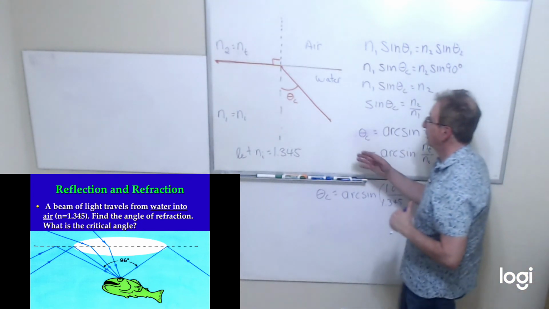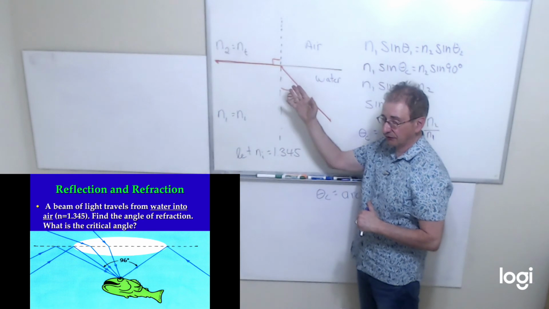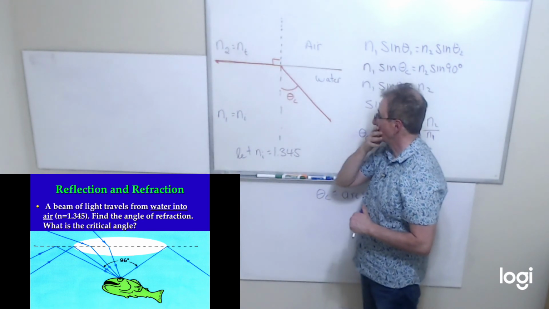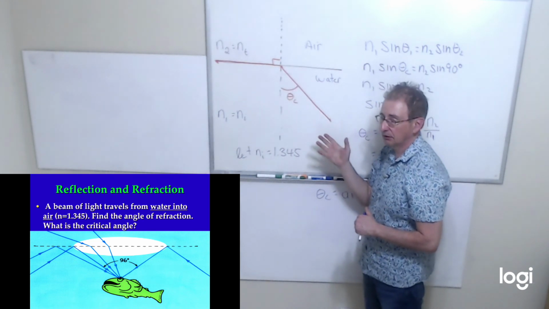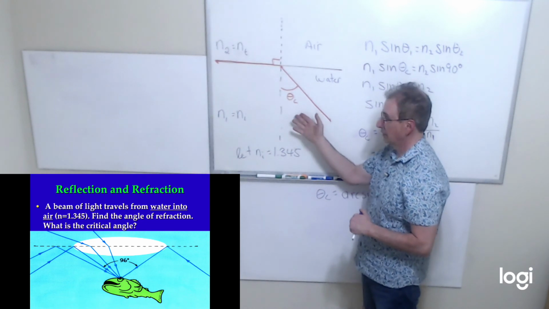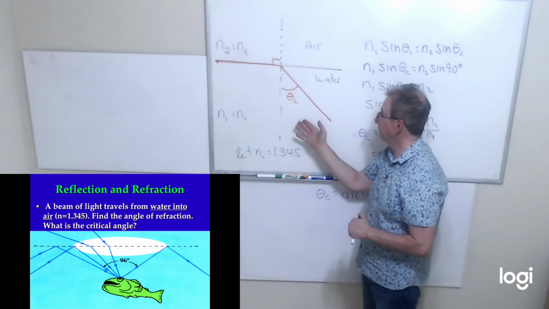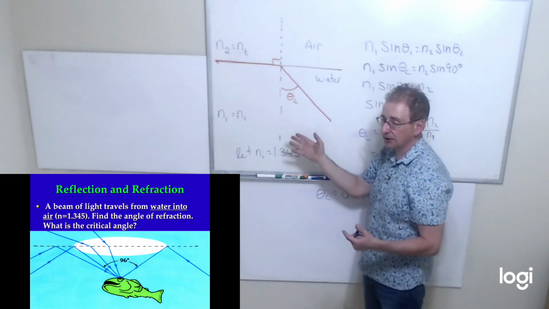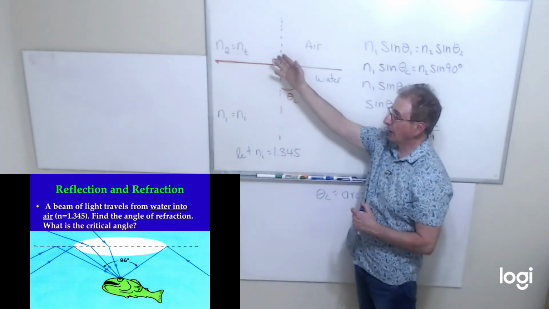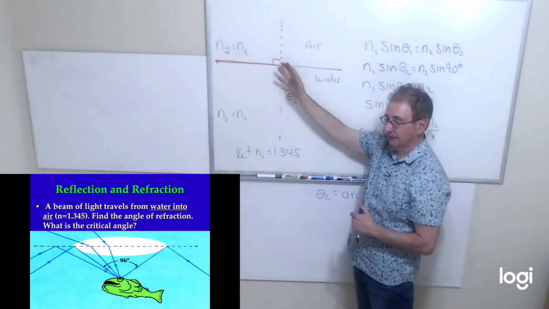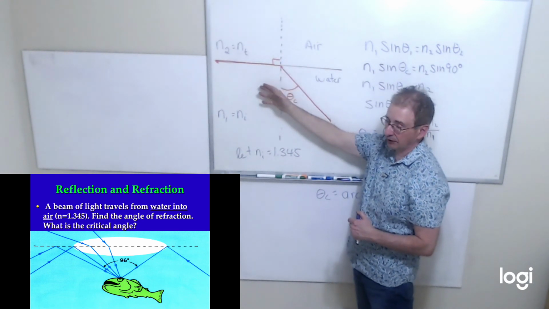When light is incident on the surface, if you're going from a more dense to a less dense medium and you're below the critical angle, some of the light will get transmitted and some of the light will be reflected.